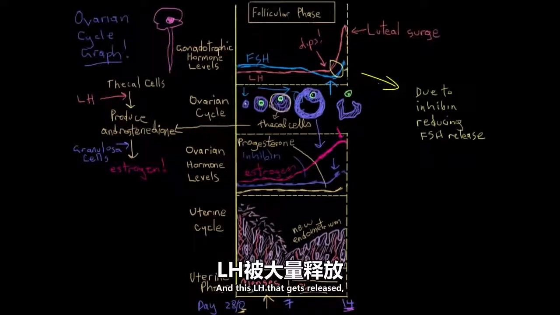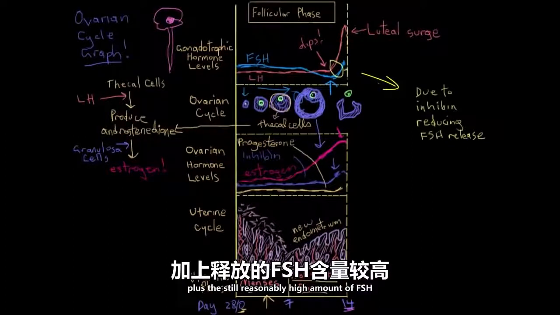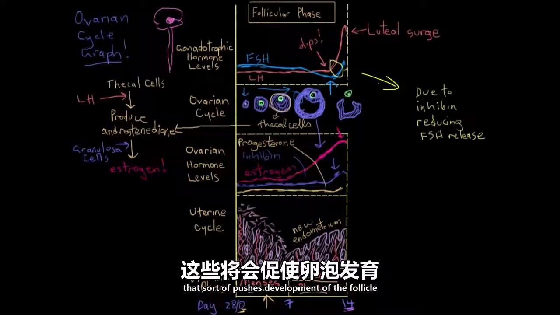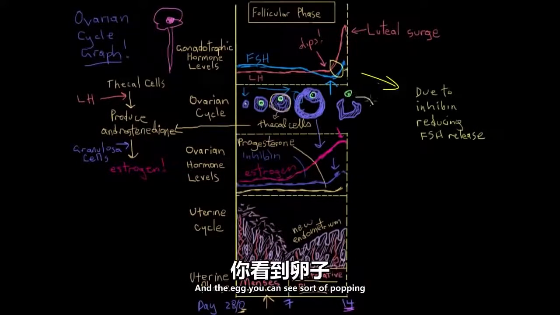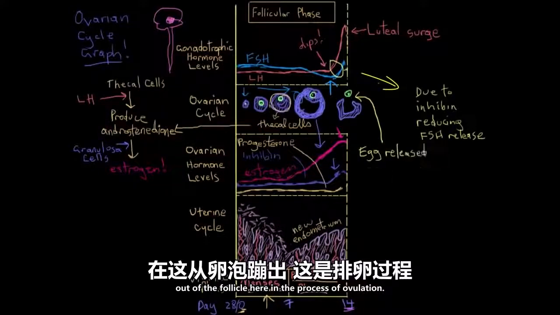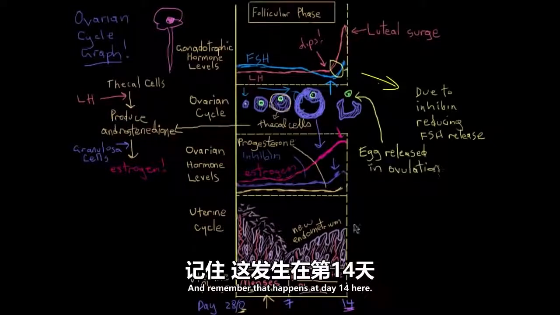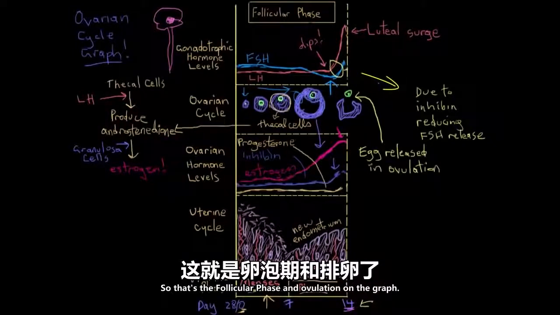And this LH that gets released, plus the still reasonably high amount of FSH that gets released, sort of pushes development of the follicle to its final step, ovulation. And the egg you can see sort of popping out of the follicle here in the process of ovulation. And remember that happens at day 14 here. So that's the follicular phase and ovulation on the graph.